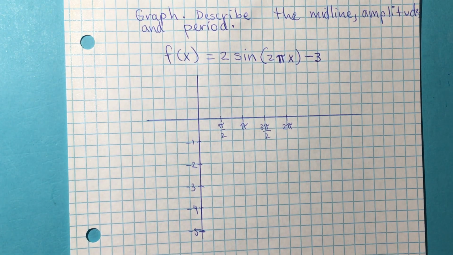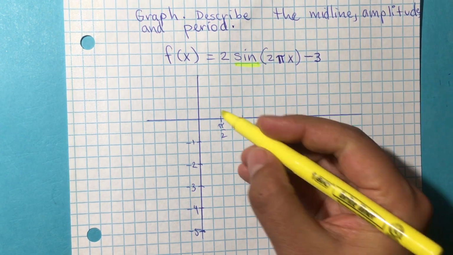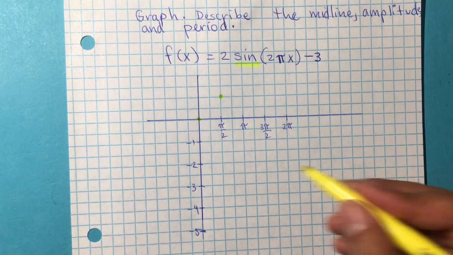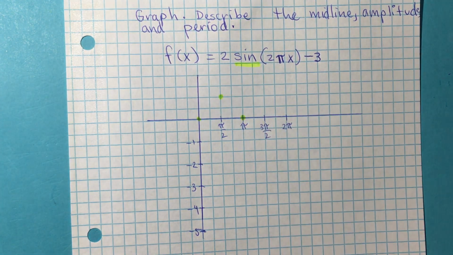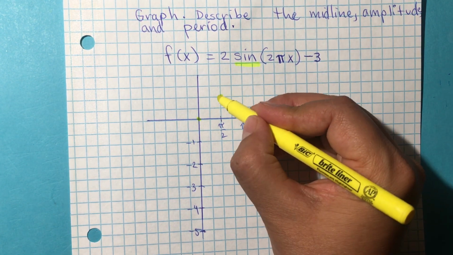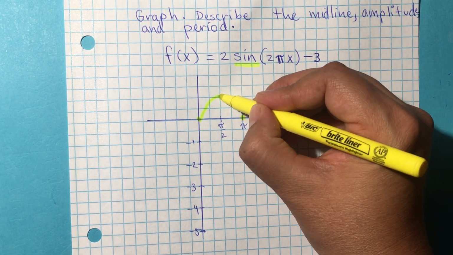Okay, here's another example. It says graph, describe the midline, amplitude, and period. And so the mother graph is sine. Remember that sine starts at 0, 0. Then 1 when it's pi over 2, 0, -1, and 2 pi. Okay, so that's my mother graph.